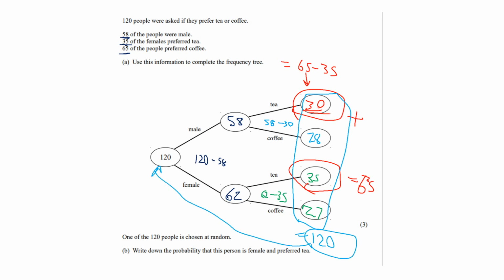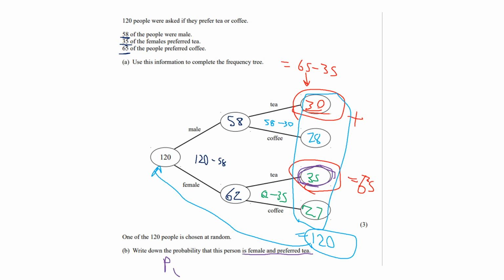Now, we're told that one of the 120 people is chosen at random, so work out the probability this person is female and preferred tea. The number of females that preferred tea is 35. 35 people are female that preferred tea. Okay?